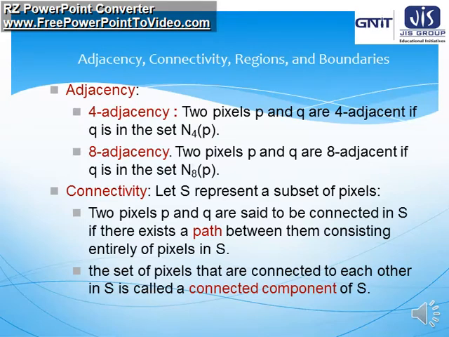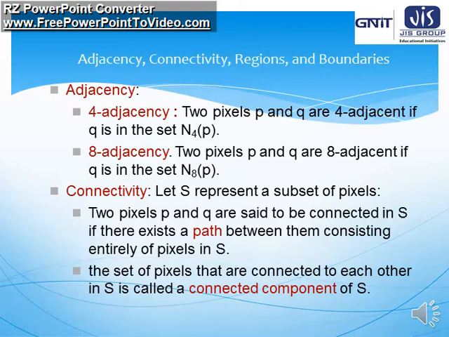Moving forward to the next slide: adjacency, connectivity, regions and boundaries. As already mentioned, two types of adjacency may be there. One is 4 adjacency: two pixels P and Q are 4 adjacent if Q is in the set N4 of P. For 8 adjacency, two pixels P and Q are 8 adjacent if Q is in the set N8 of P. Connectivity: let S represent a subset of pixels.